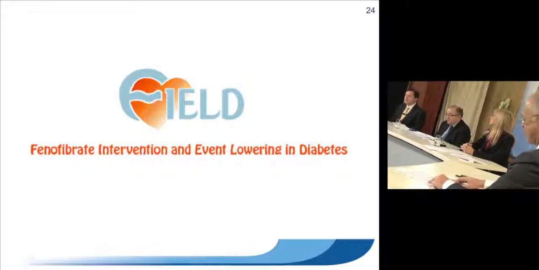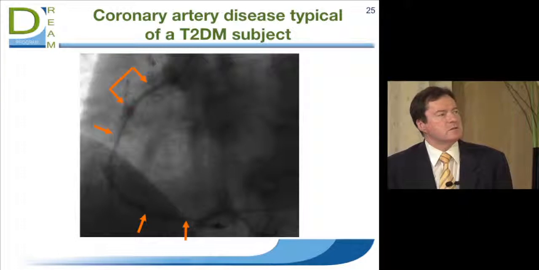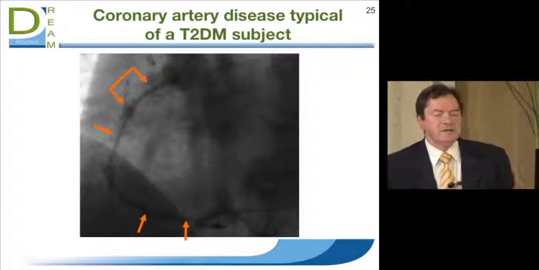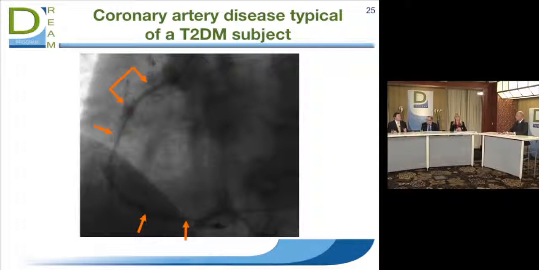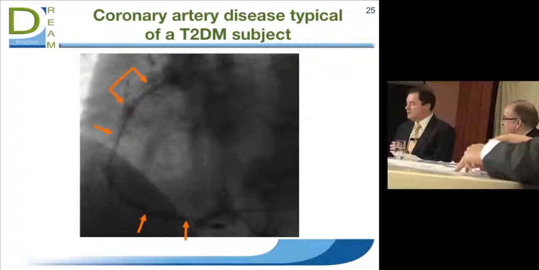Thanks, Alberto. Yes, the thinking behind tackling this question was the issue that we face in heart disease and stroke, that people with diabetes have a lot more of it than people without diabetes, and also the disease in the vessels is much more diffuse. As you can see on this slide, here is a patient with a right coronary artery that's been stented proximally, and you can see in the areas of the arrows that there is severe diffuse disease throughout the entire artery, which makes it very difficult to manage over the long term.